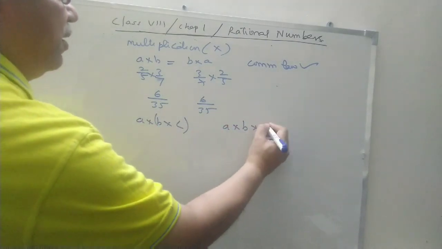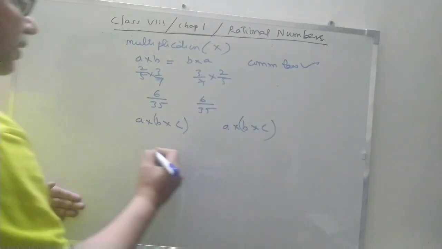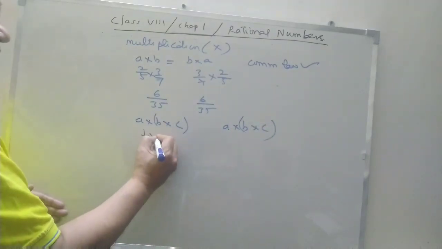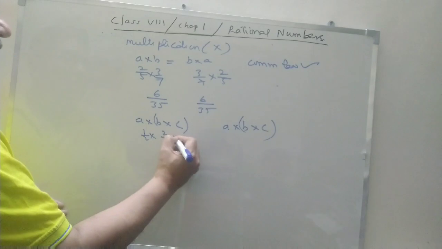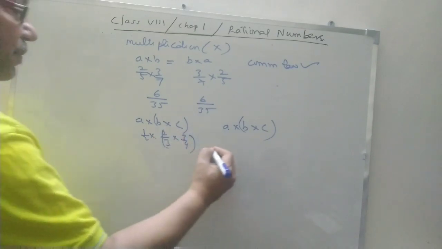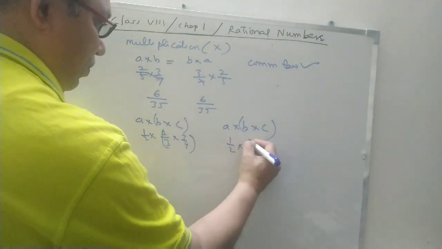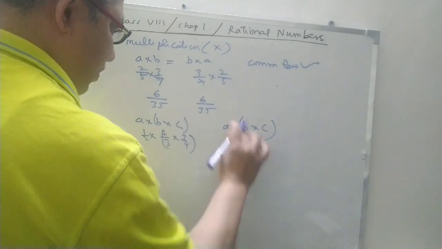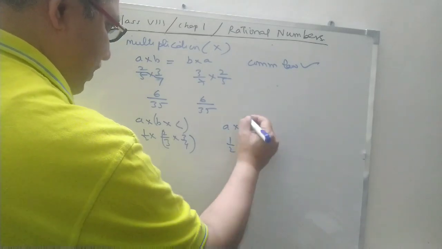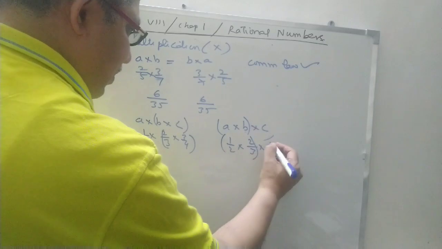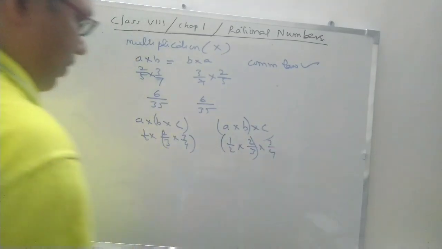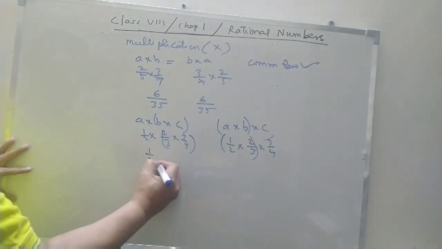Again in the same way, a into b into c, and a into b into c grouped the other way. Suppose I have 1 by 2, 2 by 3 and say 3 by 4. What is there in multiplication?